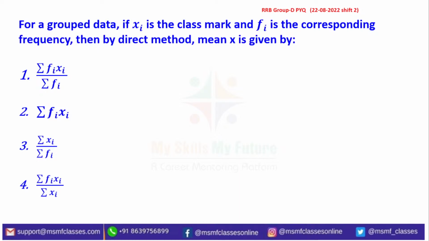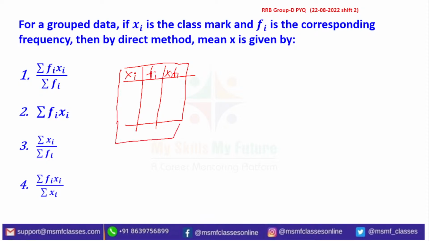Here we need to find the mean. Xi is nothing but the mid value of the class interval, and here the frequency values are there. To calculate the mean, we multiply xi into fi, take the summation of fi xi, and we also add the total frequency, which is summation fi.